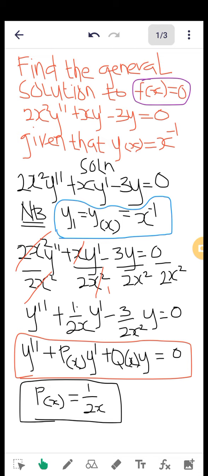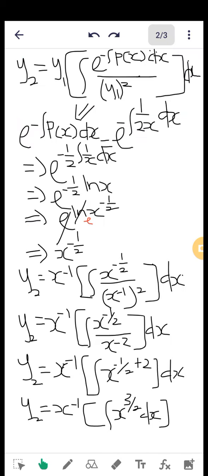This y1 will help you to find the other solution, which is y2. So just keep this formula.